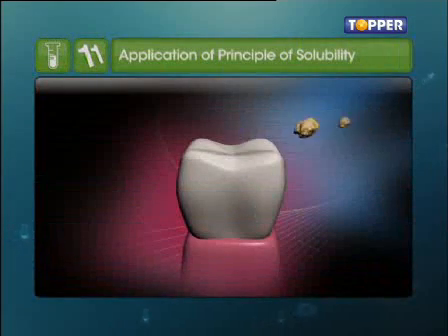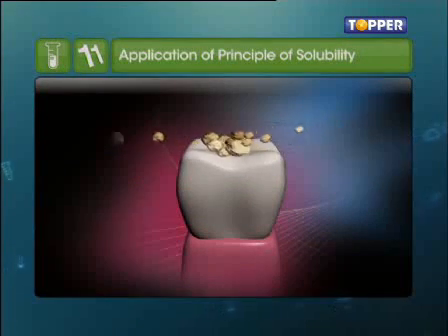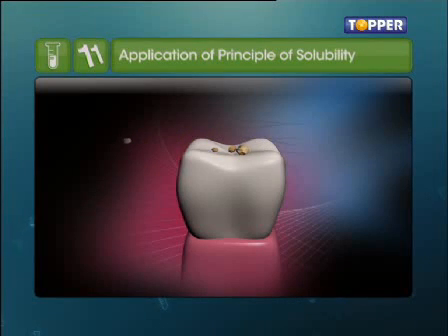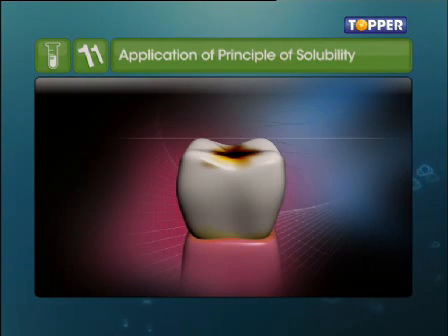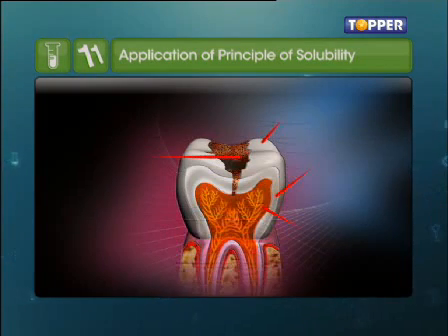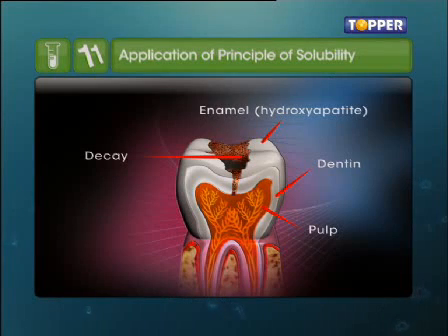Remember, we talked about fluoride and its connection with toothpaste? Well, let's see how they are related. When food lodged between teeth decomposes, it produces acids. These acids react with a mineral present in the tooth enamel called hydroxyapatite. Since hydroxyapatite is soluble in acid, the enamel gets depleted.